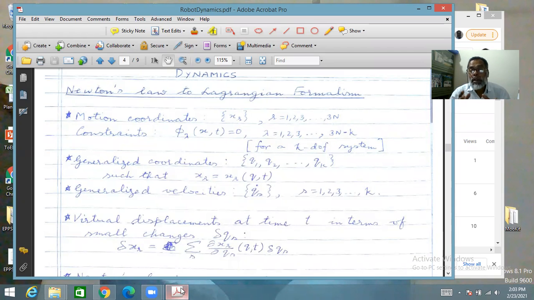Now, the Euler-Lagrange working rule is something that hits the uninitiated as out of the blue.